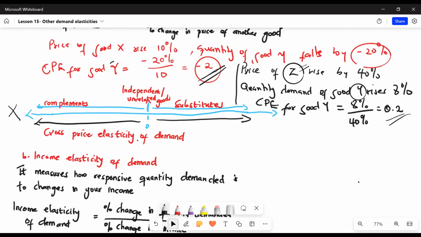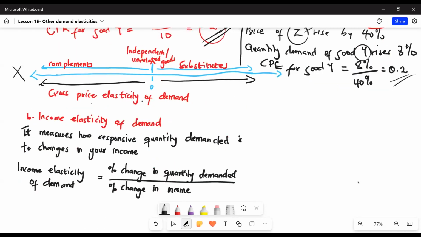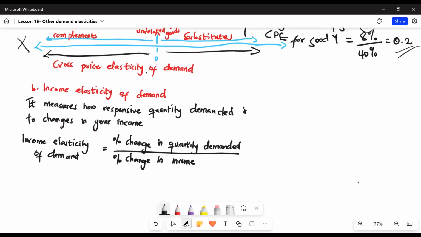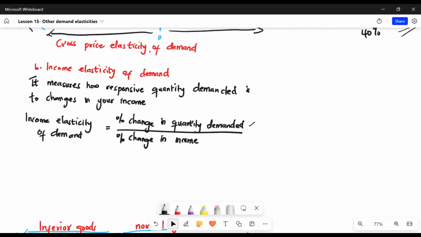Now let's look at what happens to quantity demanded when your income changes. This is what we call the income elasticity of demand. It measures how responsive quantity demanded is to changes in your income. And the formula is percentage change in quantity demanded divided by percentage change in income.